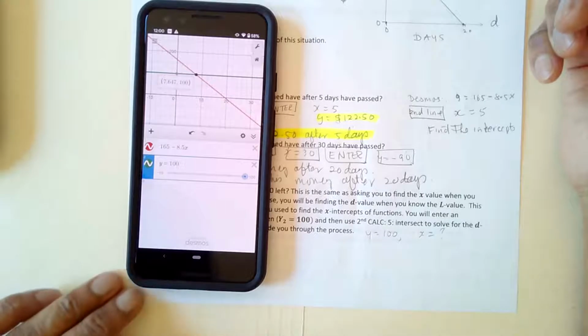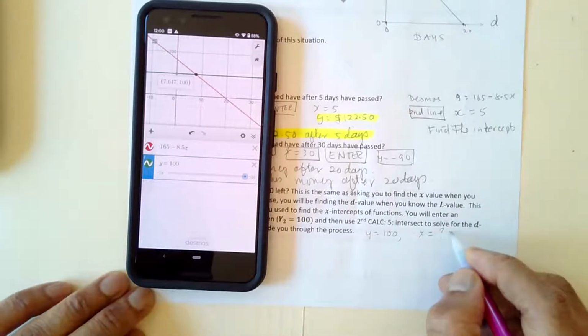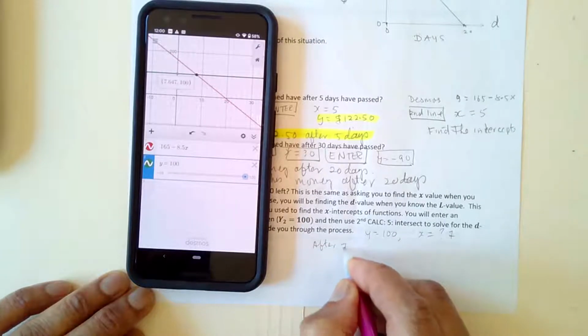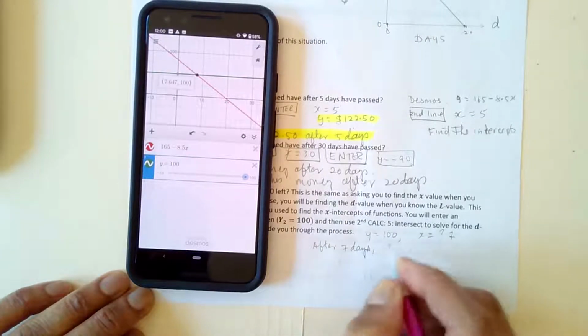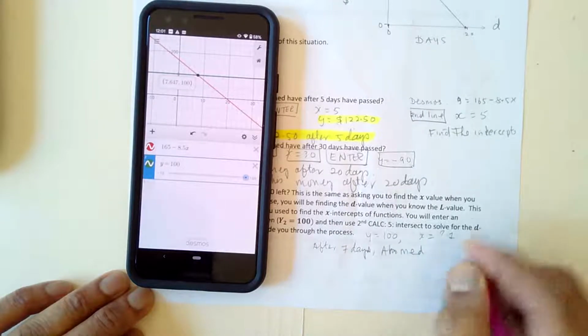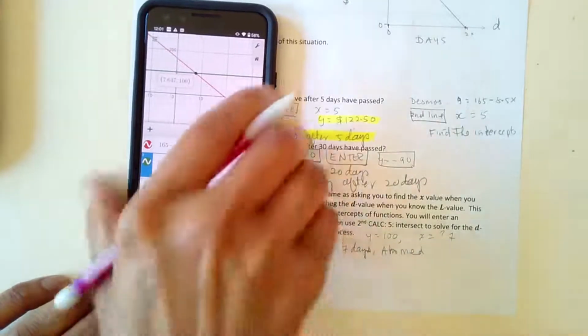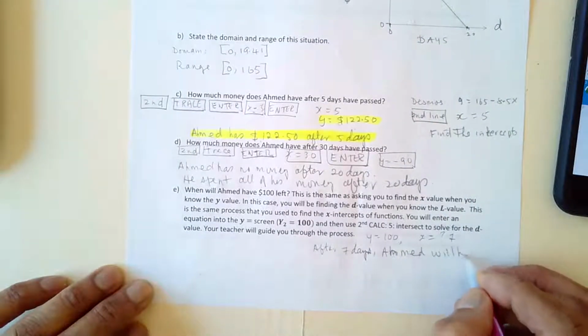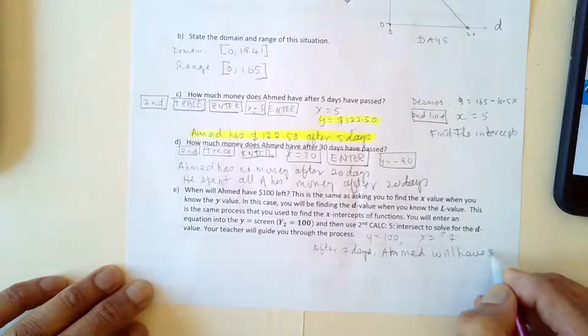So you can say after 7 days, Ahmed, right, will have $100 left.